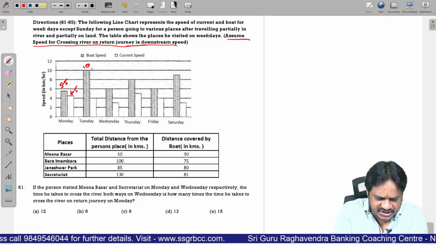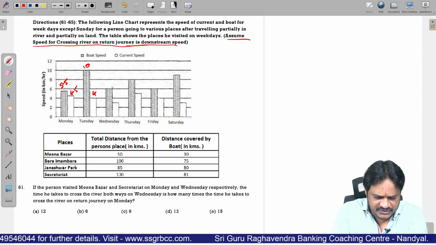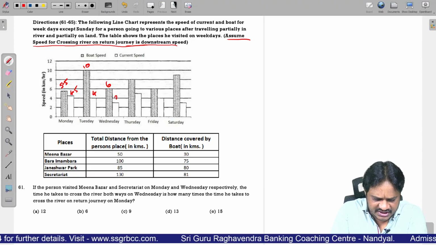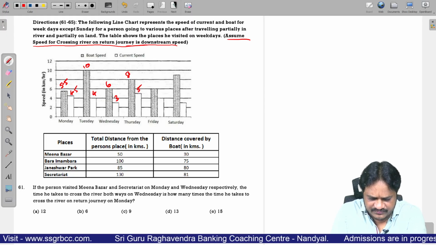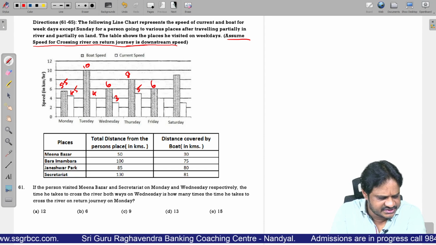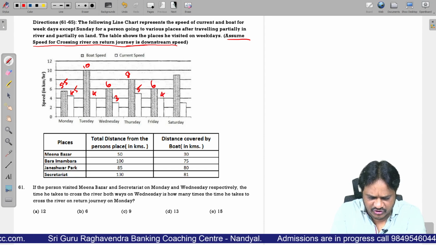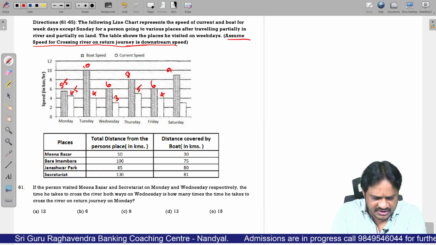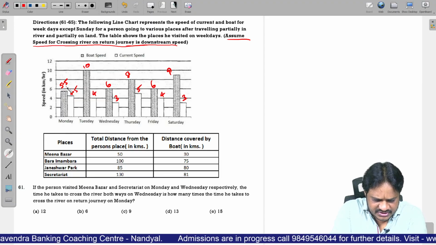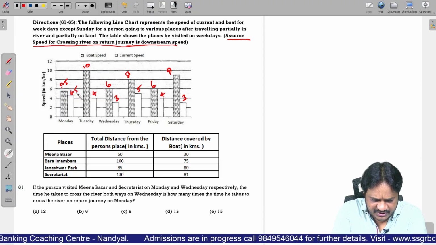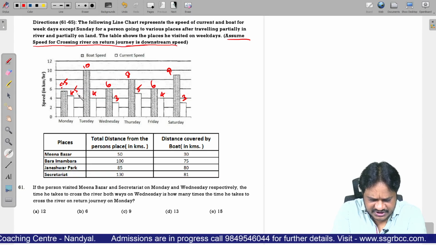Similarly Tuesday 10 and 4. This is 6 and 3. Now this is 8 and 5. This will be 6 as well as 4. This will be 9 and 3. See, on Monday, boat speed is 5.5 and the current speed is 4.5.